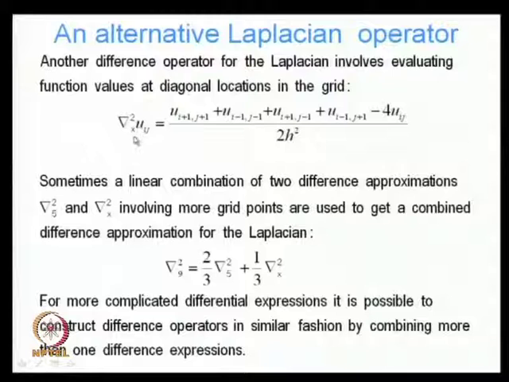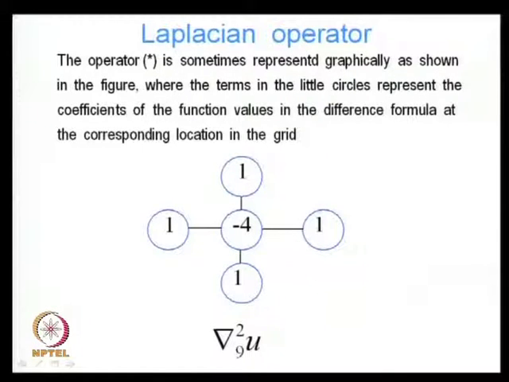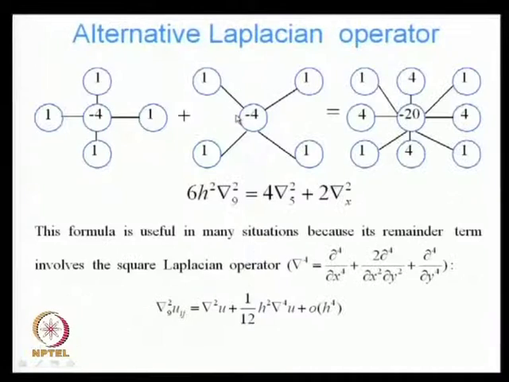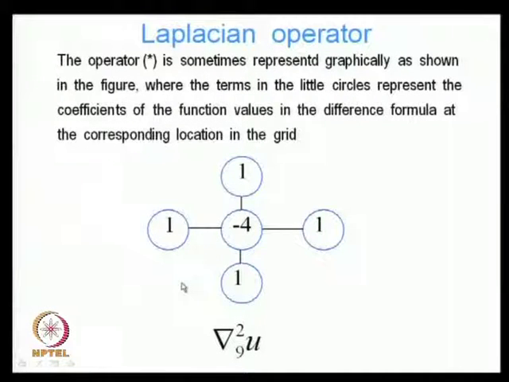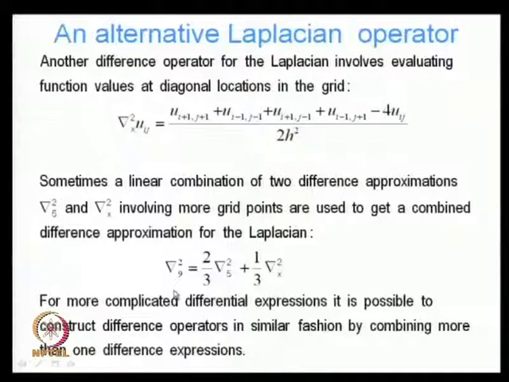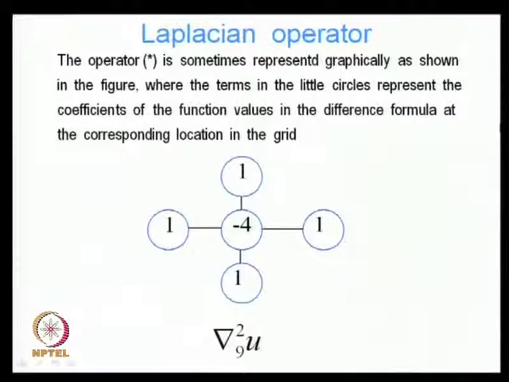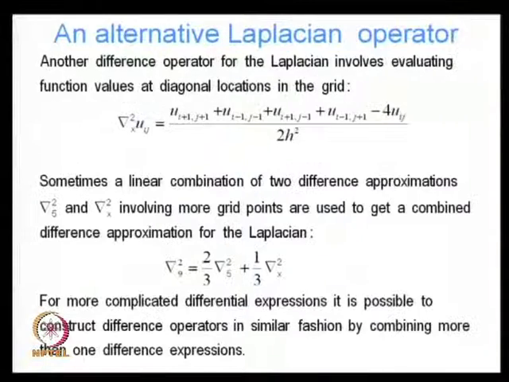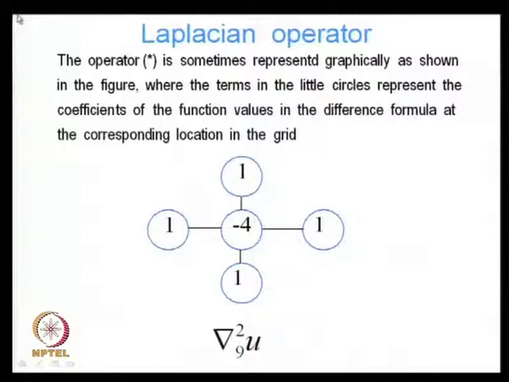Instead of this, we can evaluate the function values at the diagonal points on the grid, right, and this cross del square cross u_ij, cross meaning the diagonal Laplacian operator, involves evaluating the function value at i plus 1, j plus 1, which if we look at the previous picture, is basically evaluating the function value here; i minus 1, j minus 1, which involves evaluating the function value here; then i plus 1, j minus 1, which involves evaluating the function value here; and i minus 1, j plus 1, which involves evaluating the function value here.